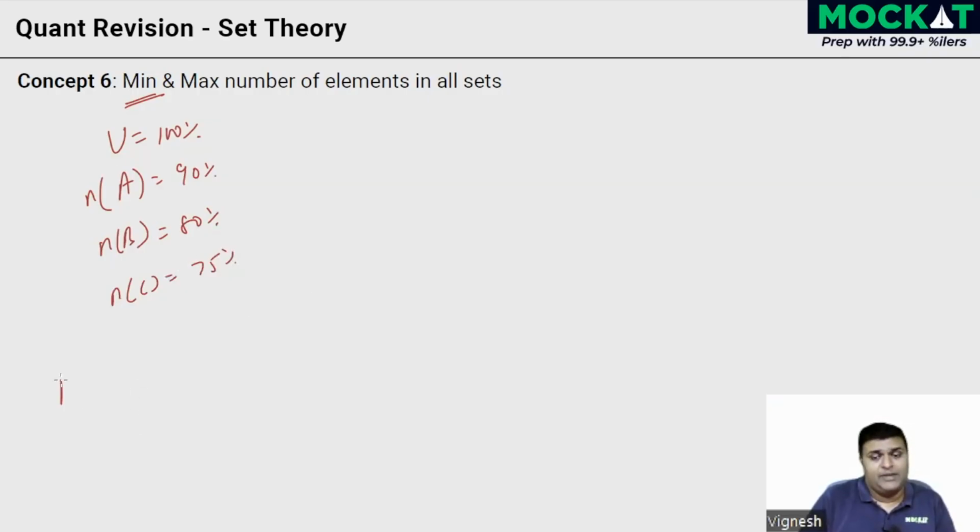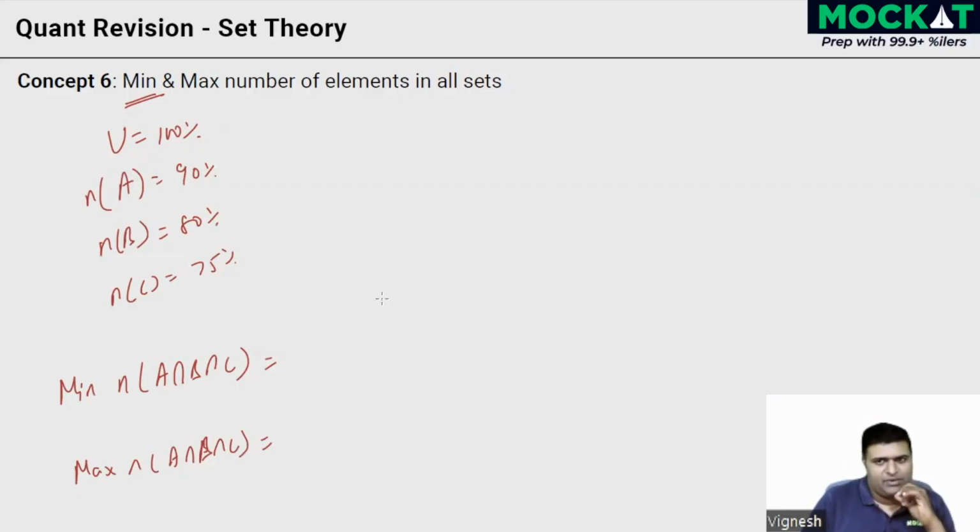What is the minimum number of people, n of A intersection B intersection C, belonging to all three sets? And what is the max over here? So what is the maximum I can have under all three sets? I can have 75% over here belonging to all three sets, but the minimum under all three sets, this is the way we do it.